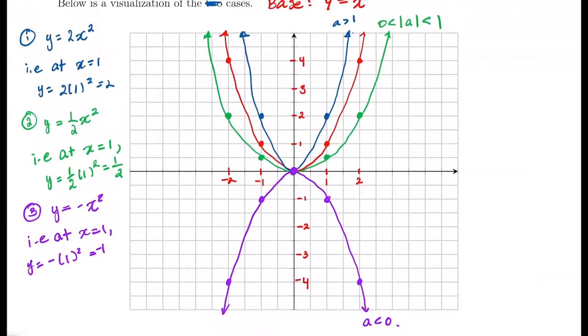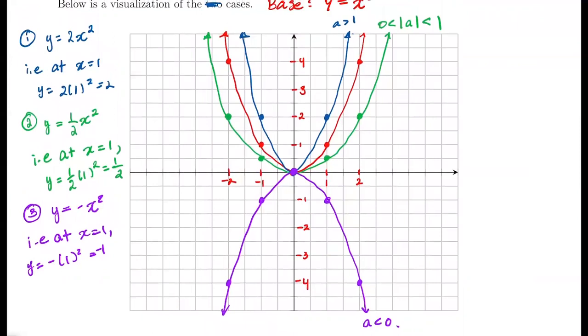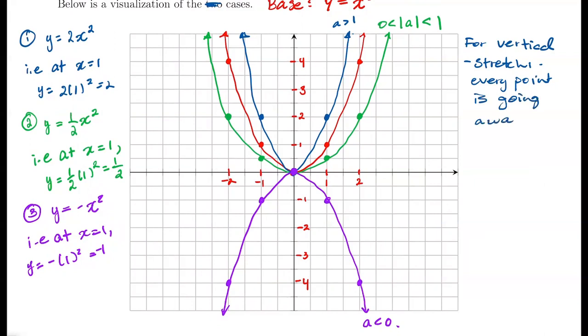One way to remember whether it's going to be a stretch or a compression is simply as follows. For vertical, the first one is a stretch, right? It is going to go away from the x-axis. So every point is going away from the x-axis.